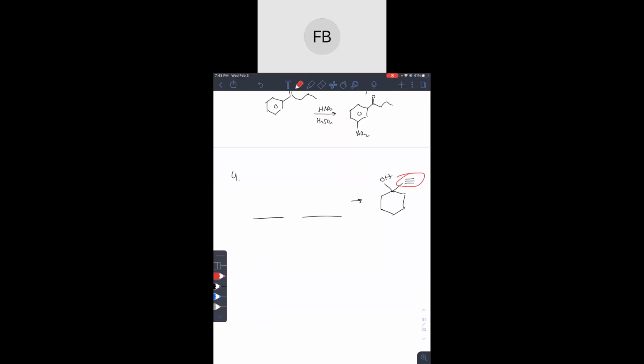This group right here, we can bring in as something like a nucleophile. So let's say I start off with a ketone, then I attach this onto the carbon of the ketone, and that would lead to exactly this answer.